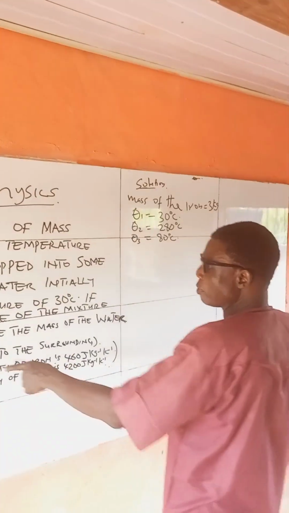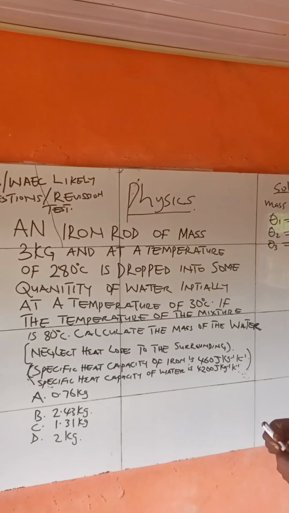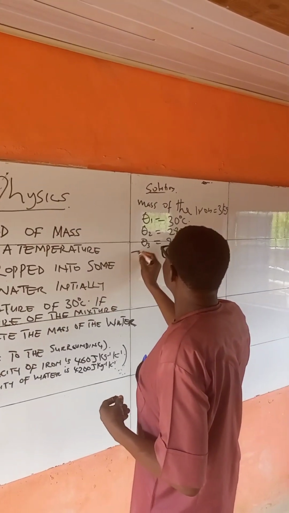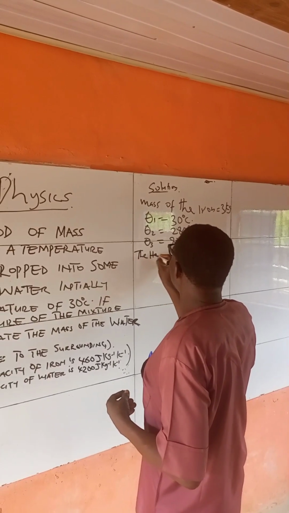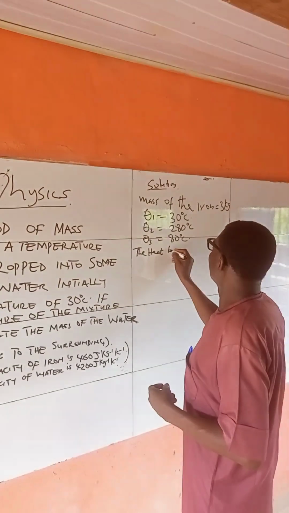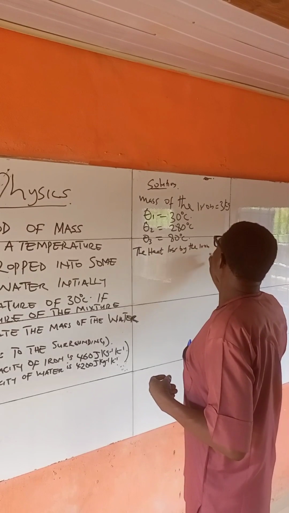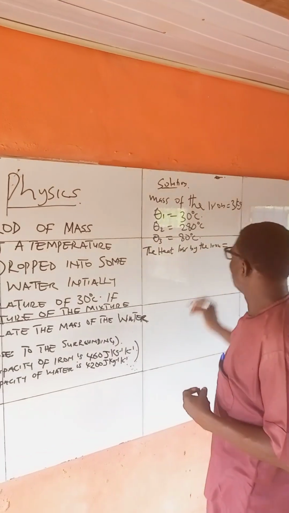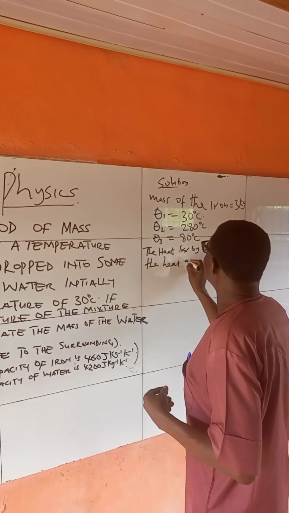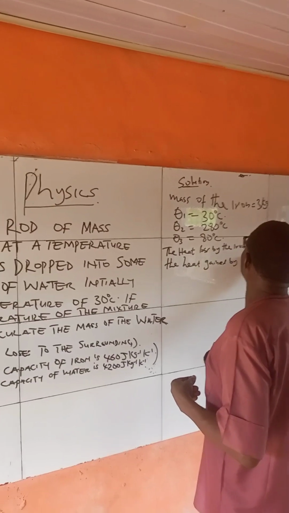Now I'm coming back to this: neglecting heat losses to the surroundings. From this, we discover that the heat loss by the iron is equal to the heat gained by water.